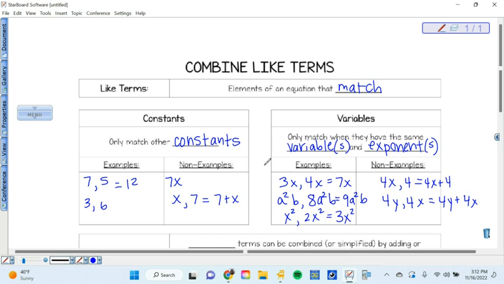Another example? One more. Two terms that are not alike. Yeah, 4y and 4, right? That's just 4y plus 4.